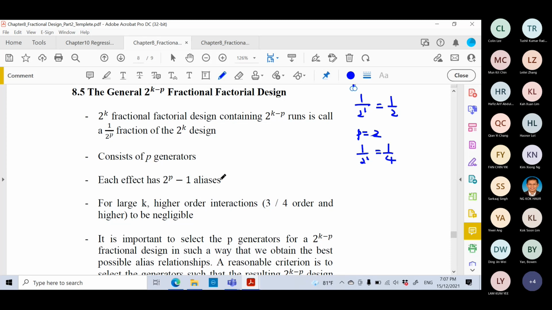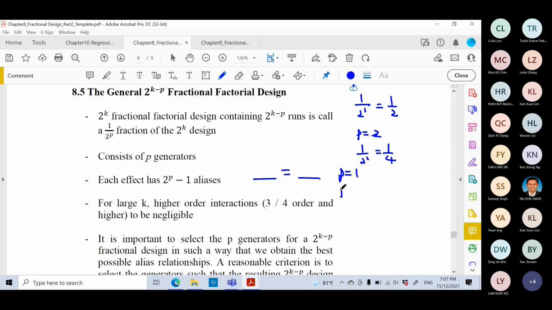So how many aliases do they have? It is actually 2 power of p minus 1. If you still recall, for the 1/2, p is equal to 1, so it's 2 power 1 minus 1, you have 1 alias. This means that the first one will be equal to the second one if you run 1/2, where p is equal to 1.